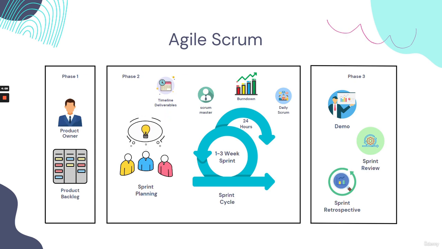Once the sprint planning meeting is completed, we move on to the actual sprint cycle. In the sprint cycle, we have 1 to 3 week sprints in which we implement different smaller components of a whole software system or application.